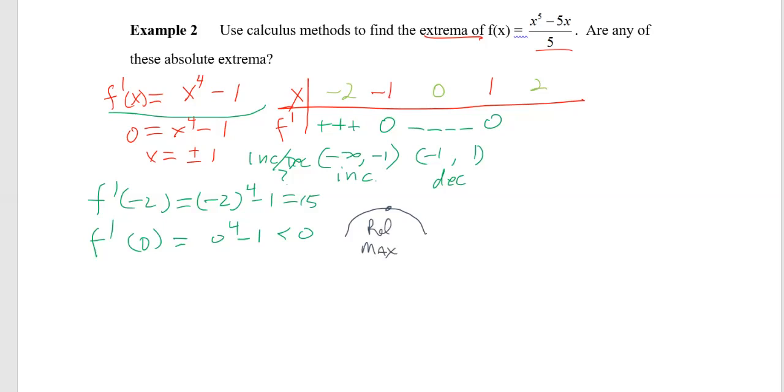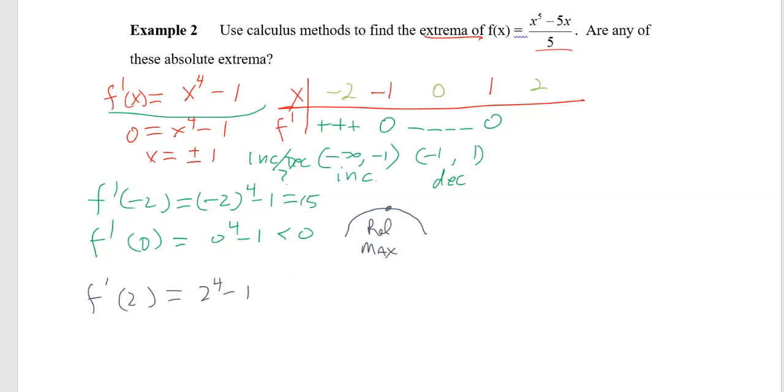All right, let's check the next point, 2. F prime of 2. That's 2 to the 4th minus 1 over 5. Whoops, no, over 5. I was looking at the wrong function for a minute there. Oh, sorry, that's my fault.